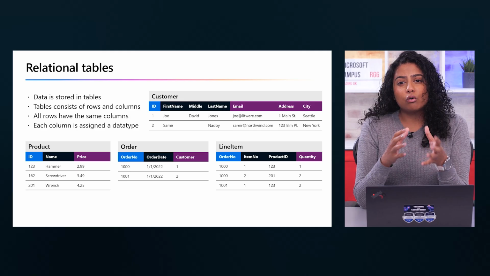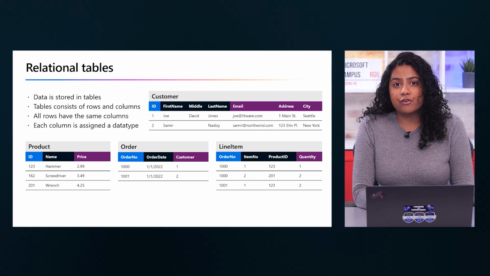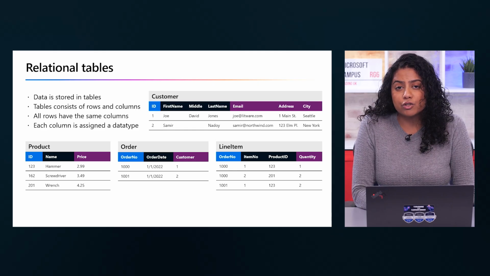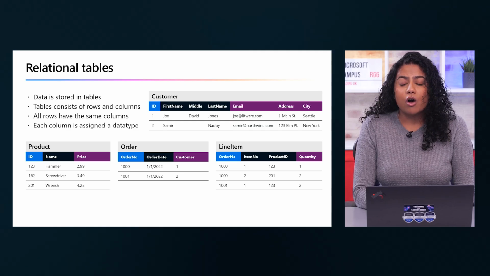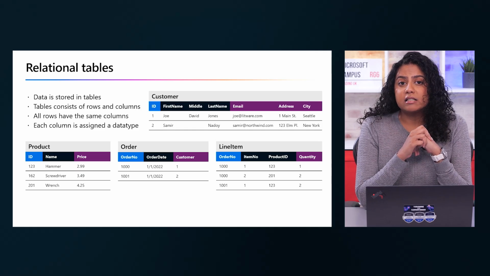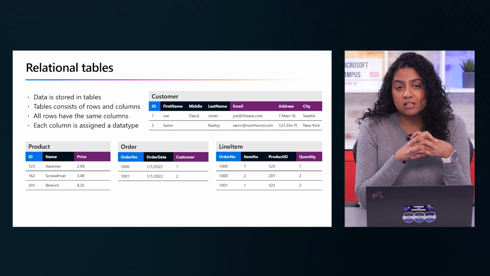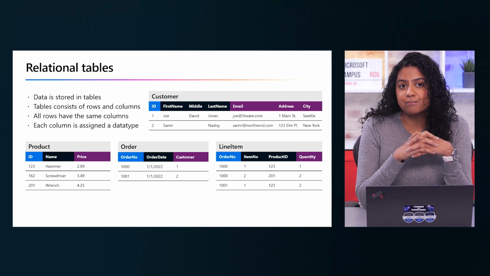Each column is also designed to handle a specific type of data. So for example, an email column would store text, which could vary in length depending on the email address. On the other hand, a price column in a table would store decimal values for currency, while a quantity column in an order table would be set to store integer values.